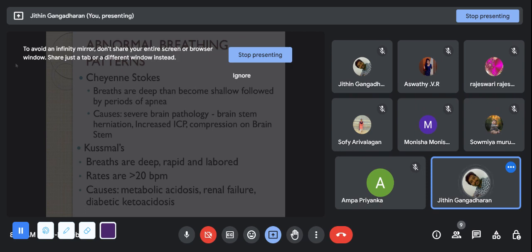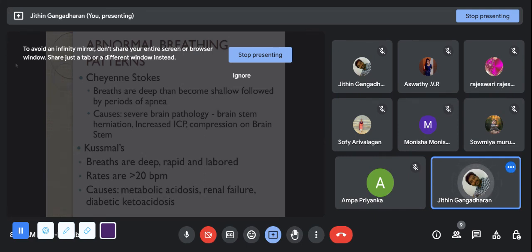Okay, next Kussmaul's respiration. We have said it's a labored and rapid breathing. Okay, mainly Kussmaul's respiration, also called Kussmaul's breathing. Diabetic ketoacidosis is the main cause. Kindly mark it as important. In Kussmaul's breathing, diabetic ketoacidosis is the culprit, the causative condition.